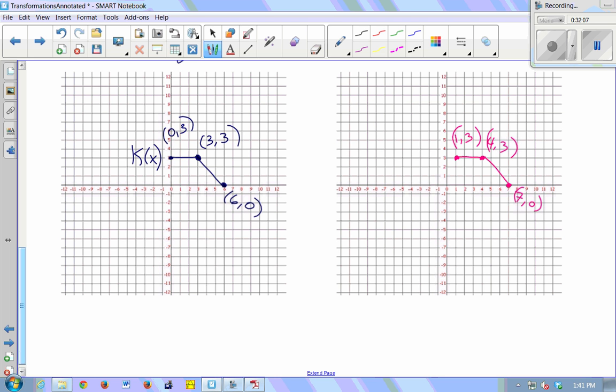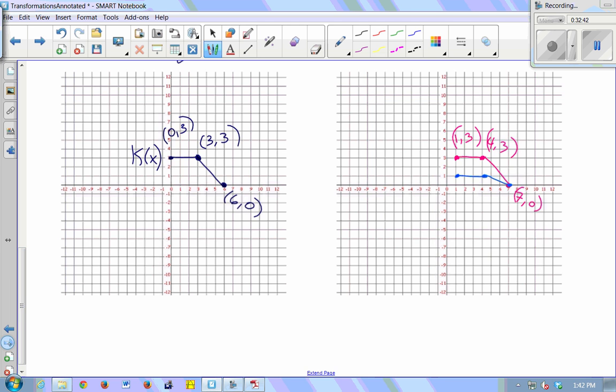So (1, 3), what does that become? (1, 1). (4, 3), what does that become? (4, 1), yeah, multiply the y coordinate by a third. And (7, 0), what does that become? Still (7, 0), because 0 times a third is still 0. Okay, so now I've done my vertical shrink, and it's teeny tiny, right?